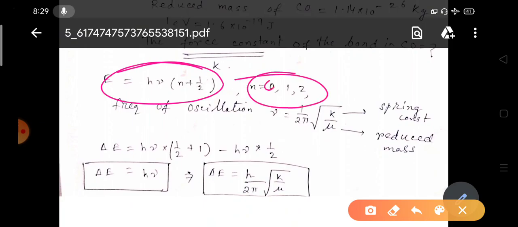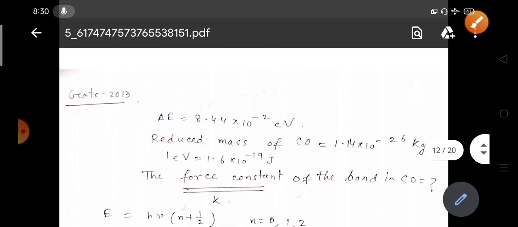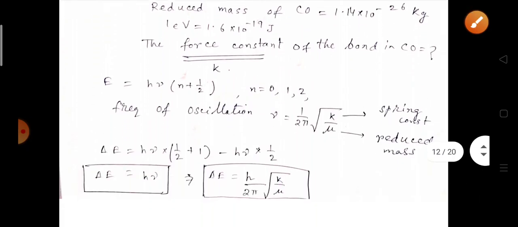For n equals 0 it becomes h nu into half, and for n equals 1 it becomes h nu into (1 plus half). That is, delta E equals h nu, the energy difference assuming the ideal harmonic oscillator. And delta E has been given as 8.44 × 10^-2 electron volt.